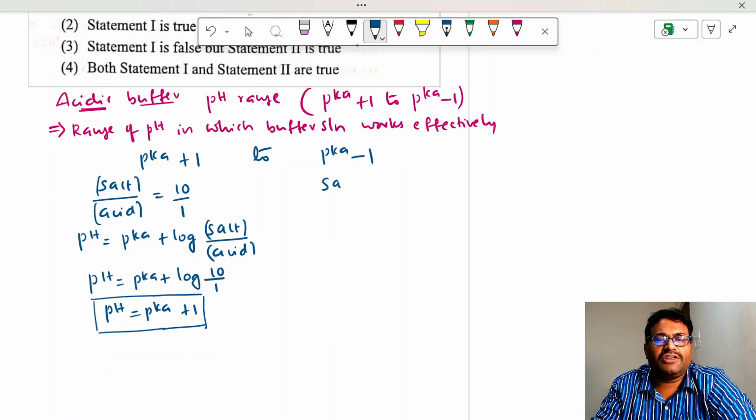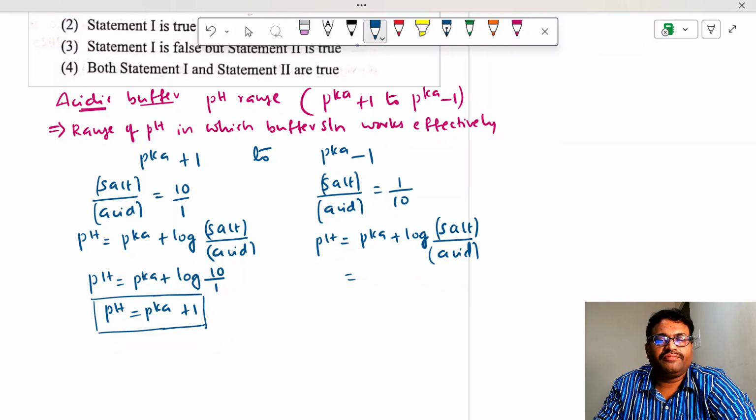If the salt concentration to acid concentration is equal to 1 by 10, then pH is equal to pKa plus log salt by acid. Then what do you get? That is equal to pKa plus log 1 by 10, which is pKa plus log 10 power minus 1, which is equal to pKa minus 1.